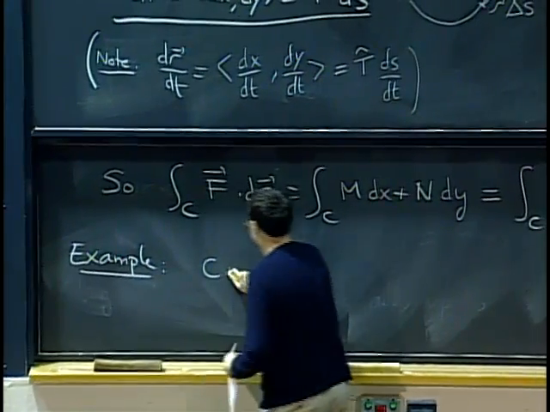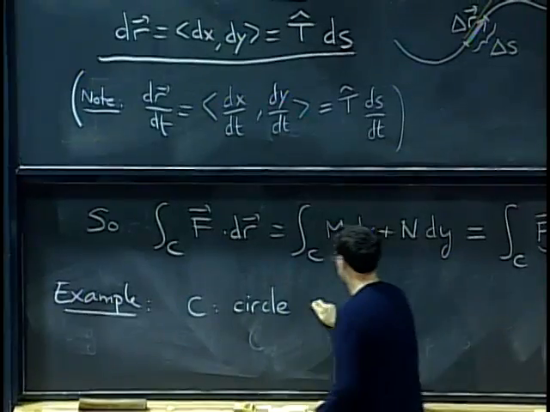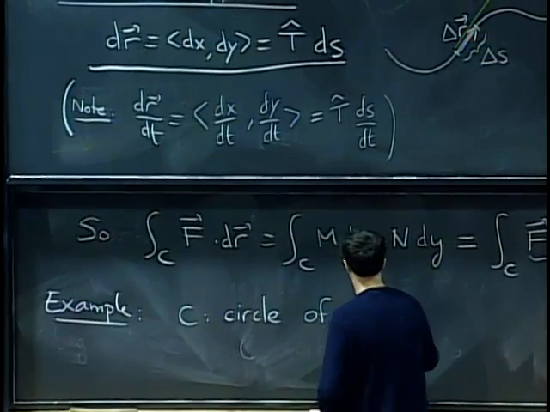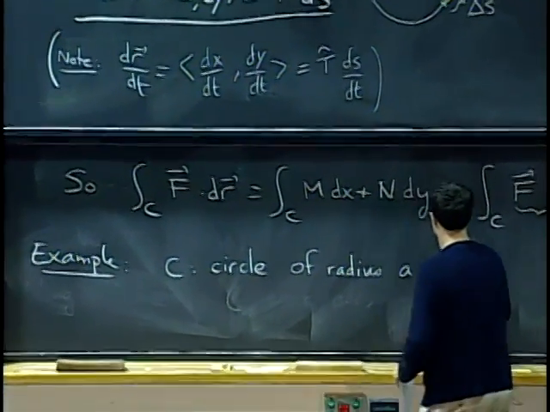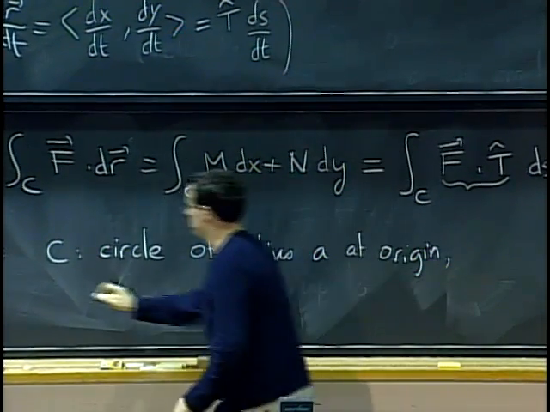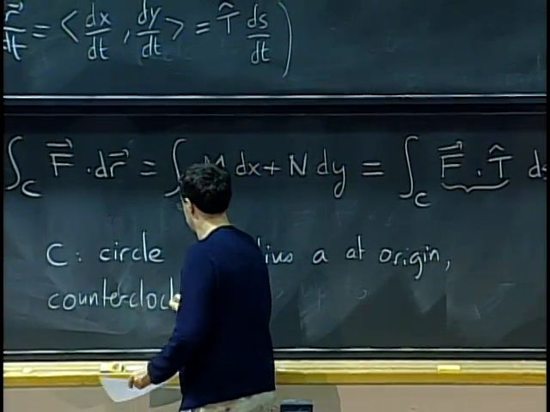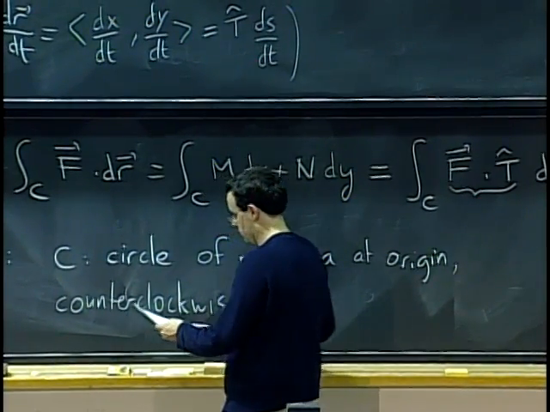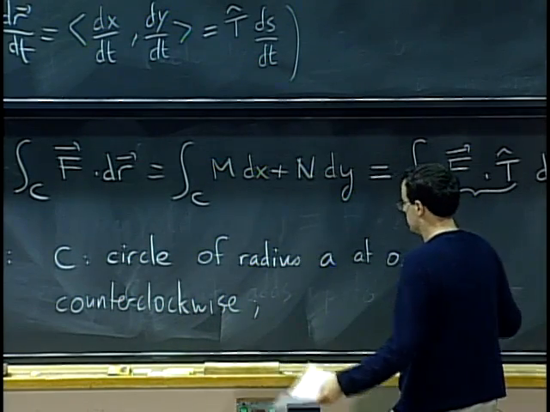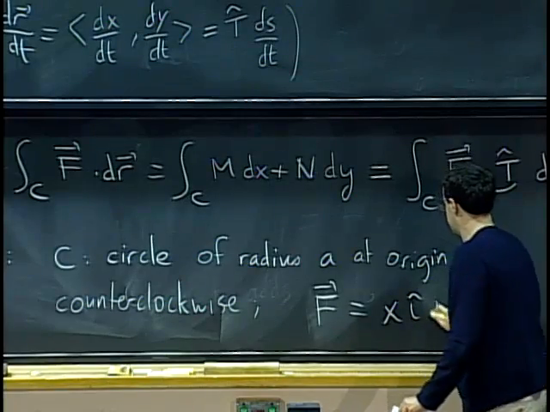But let's say that my trajectory is just a circle of radius a centered at the origin. Let's say I'm doing that counterclockwise. And let's say that my vector field is xi plus yj.